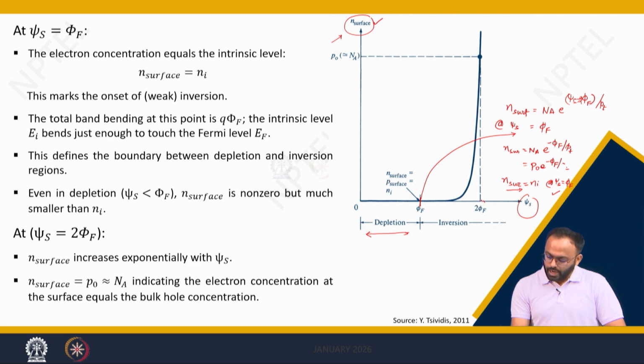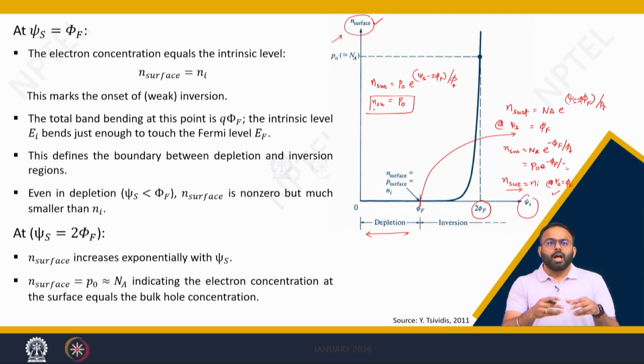Now, you move further and calculate the n surface for 2 phi f. If you see, n surface is equal to P naught or Na e to the power of psi s minus 2 phi f divided by phi t. At 2 phi f, what will happen? N surface is approximately equal to Na.